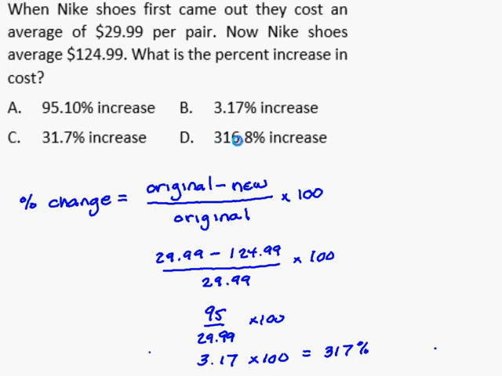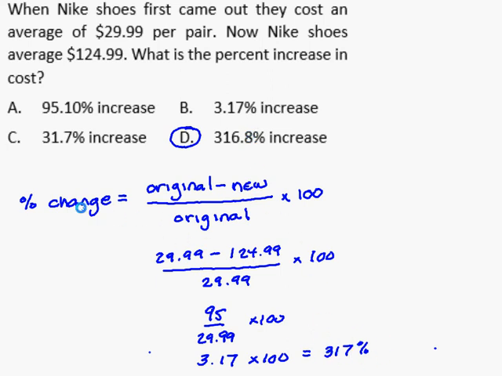But 316.8, or when rounded, is 317. That's the answer you want. Be careful. These look like this, but this is the actual correct answer because the rounded version of this is equivalent to what we came out for our answer.